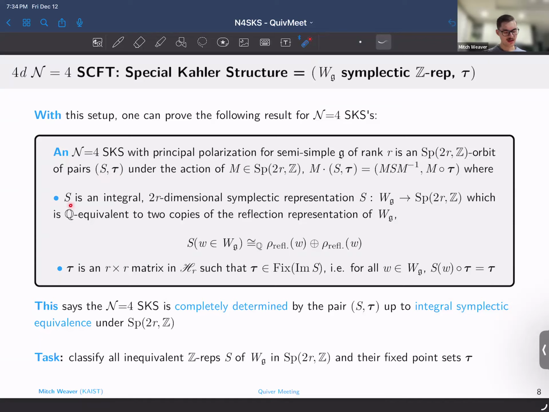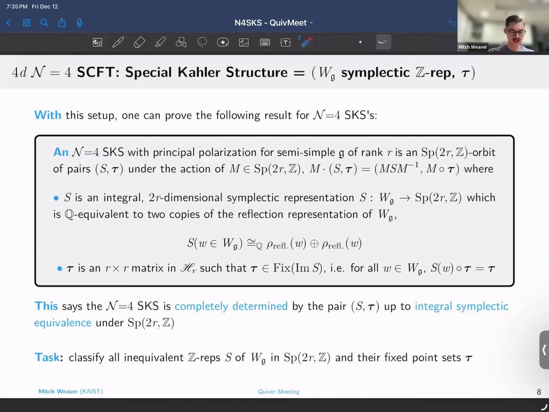And S here is an integral 2R-dimensional symplectic representation of the Weyl group into the EM duality group. And it has the property that it's Q-equivalent to 2 copies of this reflection representation of the Weyl group. Furthermore, as we previously mentioned, boldface tau here, the coupling matrix, is valued in the Siegel upper half space, and it's in the fixed point set of this representation.